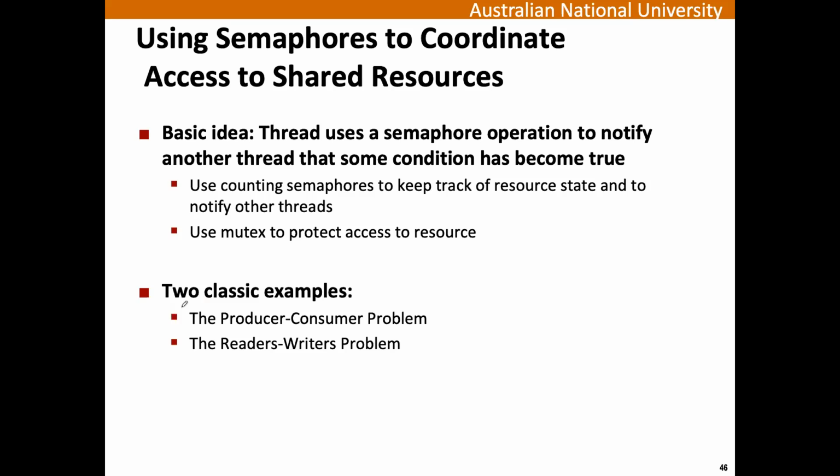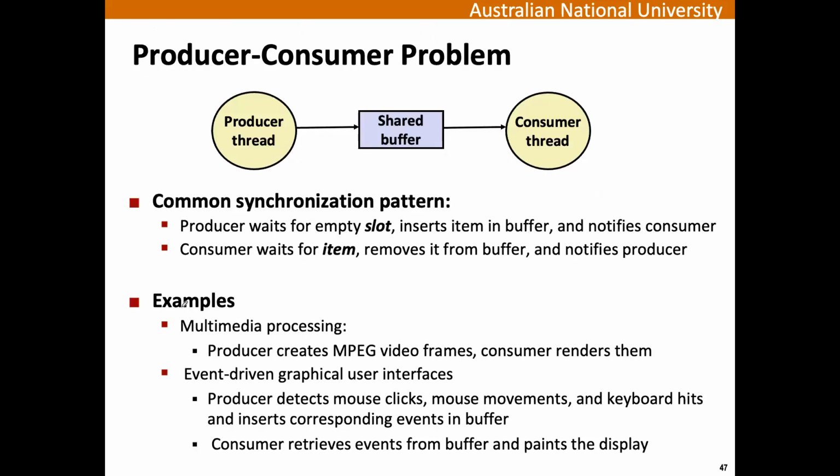For instance, coordinating access to a shared buffer, a shared cache, a shared region of memory, a resource. The 2 examples that we're going to look at are the producer-consumer problem and the readers-writers problem. The producer-consumer problem is we have a shared buffer.